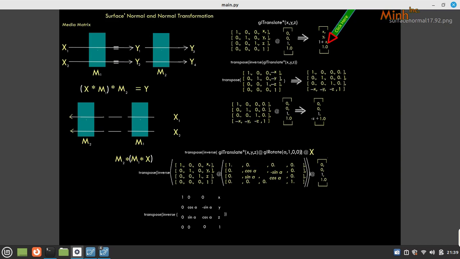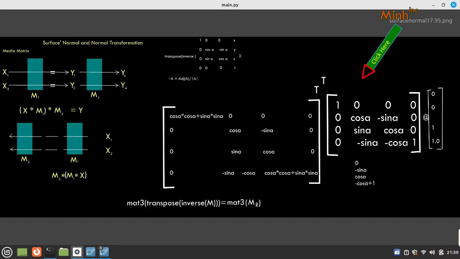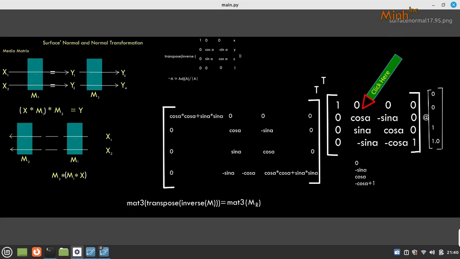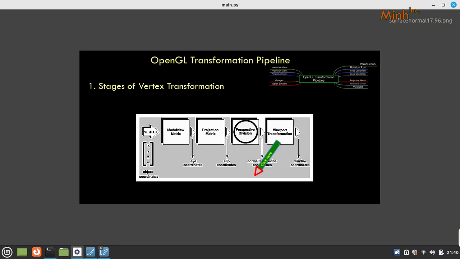Okay, so the replacement of transpose and inverse is the matrix 3. If I take out the top 3 rows and columns of the matrix, it is done. This slide is what we generally find in the book also: the input is x, y, z, w, then the model view, projection, perspective and viewport transformations.